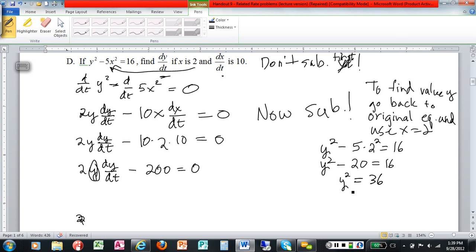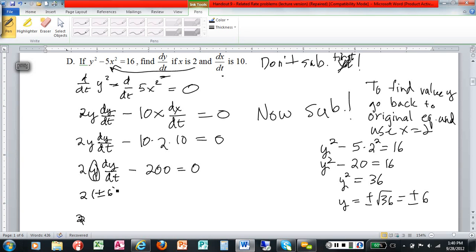And so here, actually, without any other parameters, what could y be? Plus or minus square root of 36? Plus or minus 6? Okay. So that's what I can plug in. I don't think it'll make a whole lot of difference if I do plus or minus.